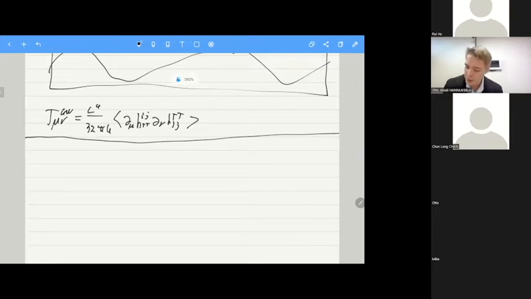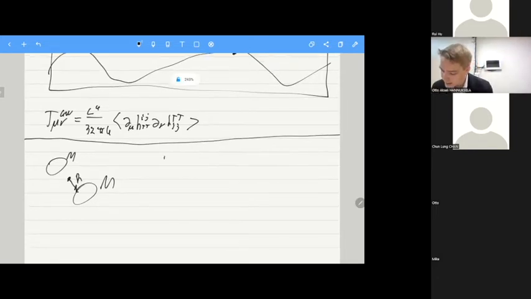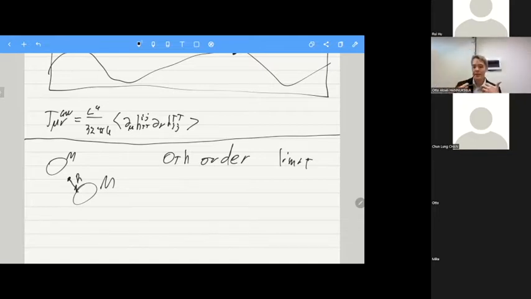So if we look at the example that we inspected in the last lecture and the questions, where we have a binary black hole with some masses, it turns out that we can define the T mu nu for this system in the zeroth order limit, basically meaning that we take this to be a point mass.